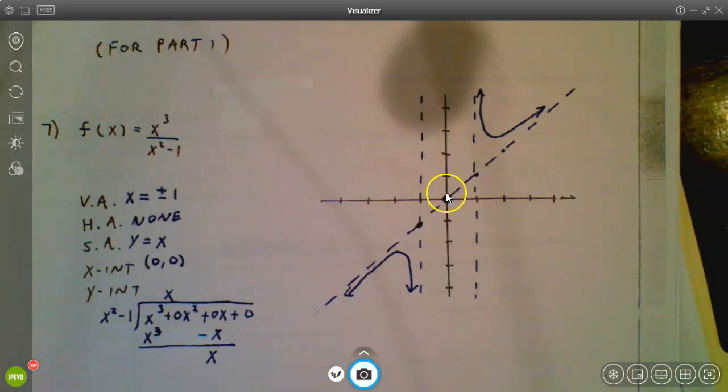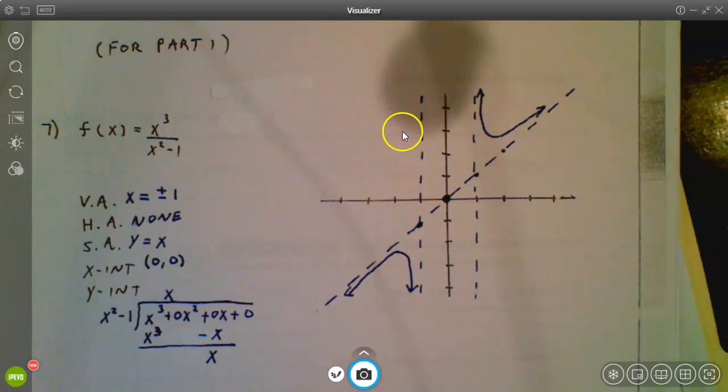So I know that I would get a curve that goes this way. However, you can also keep in mind that realistically, if I plug in any value right here, it's going to come out to be a positive number. Because of that, I know that the graph on this side of my intercept is all positive, and so it's going to have to go this direction in order to fit inside of the asymptotes that I've drawn.